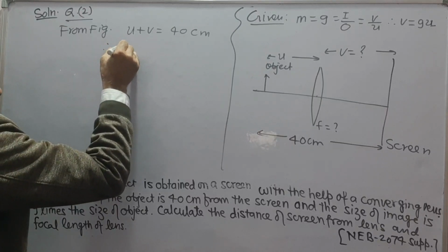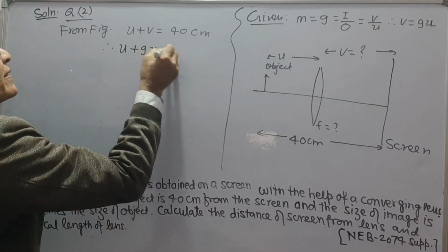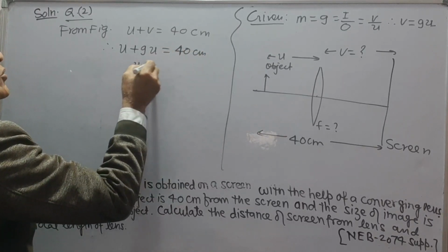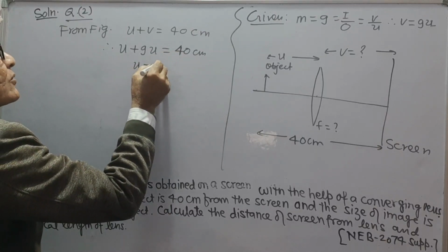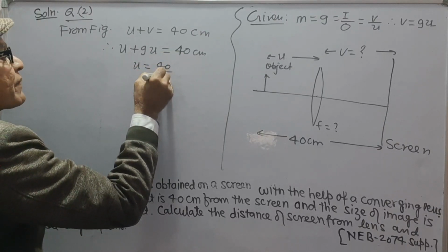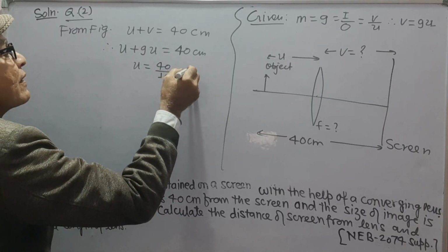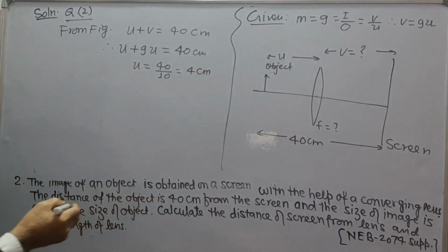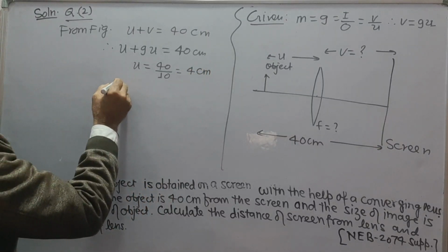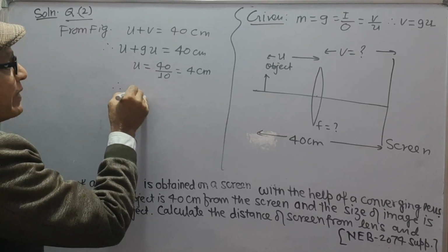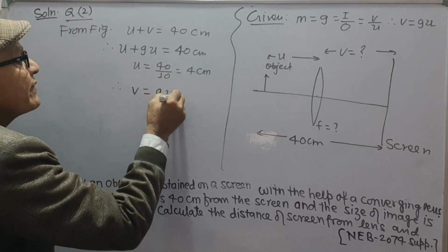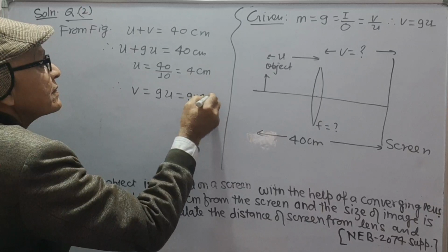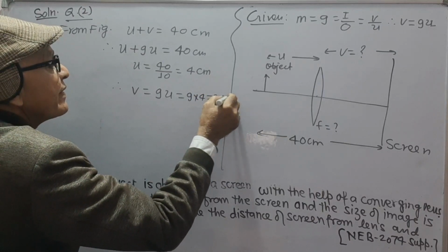Therefore, U plus 9U is equal to 40 cm. 10U is equal to 40 cm, so U will be equal to 40 upon 10, means 4 cm. Hence, V will be equal to 9U, 9 into 4, 36 cm.